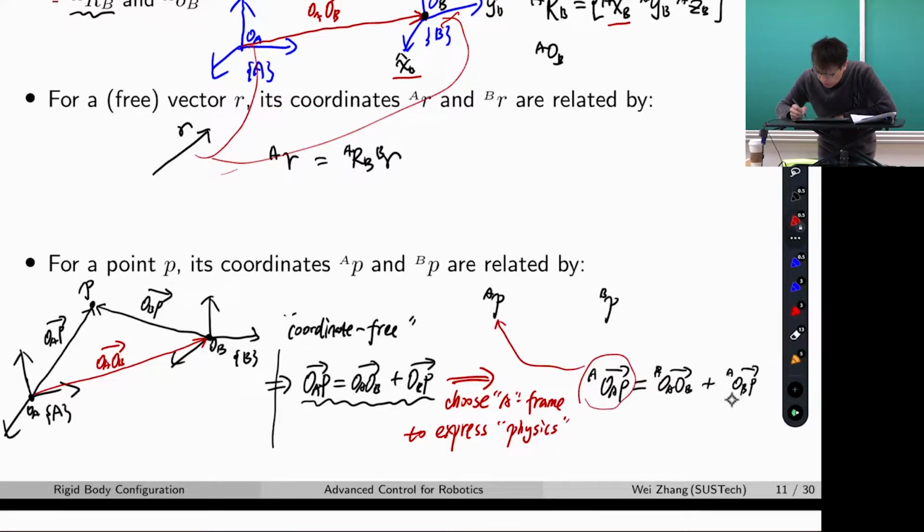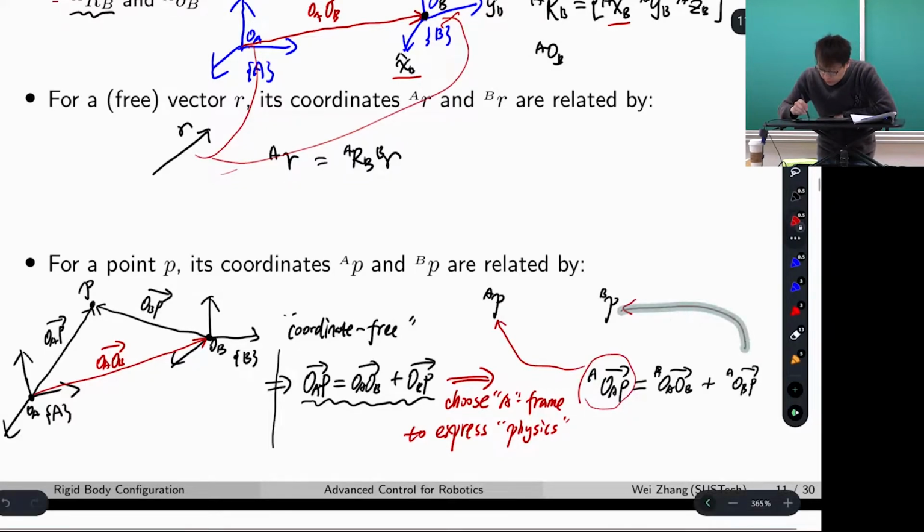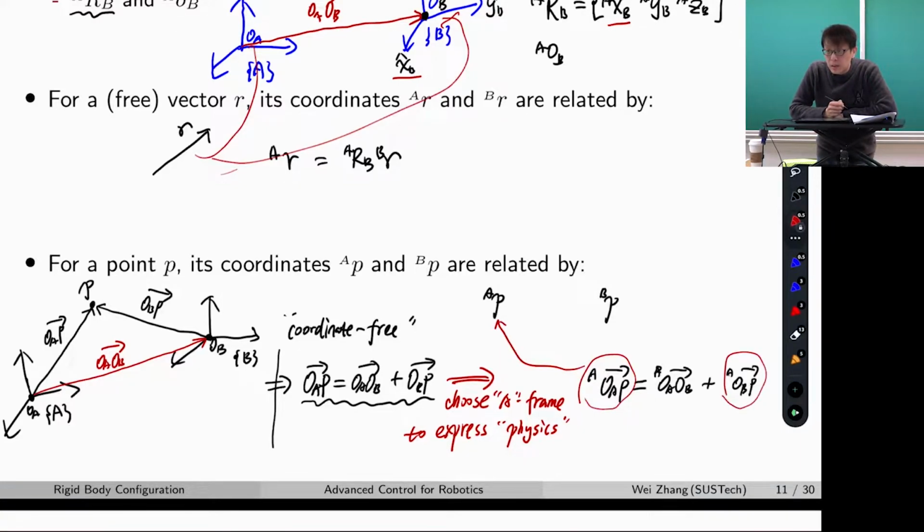And OBP, this guy is this vector, right?